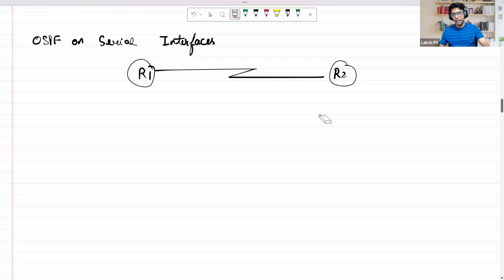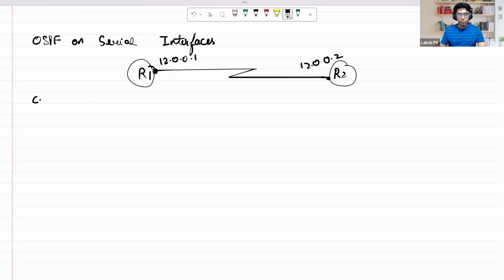R1's interface IP address is 12.0.0.1 and R2's IP address is 12.0.0.2. Now, if I have to configure OSPF on this particular interface or router, how do I do so?